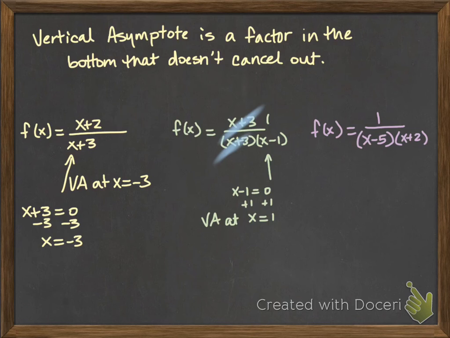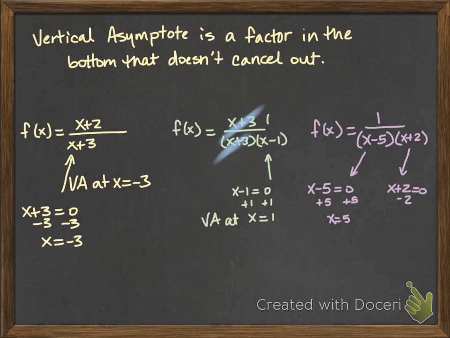For our last one, we have a 1 in the top, and we have two factors in the bottom. That means both of these are going to be left over, and neither one of them cancels out. So we have to solve each one separately. x minus 5 equals 0. x plus 2 equals 0. If we solve, on this side we get x equals 5.